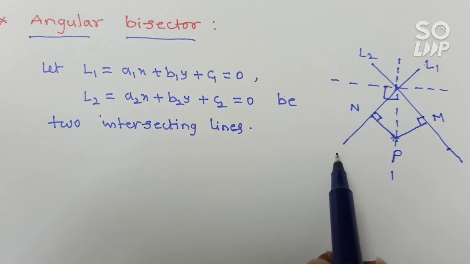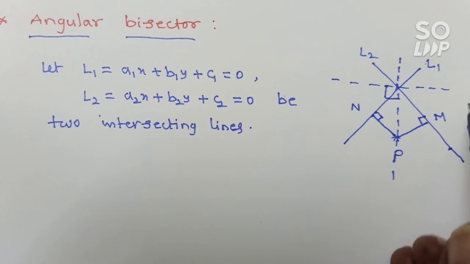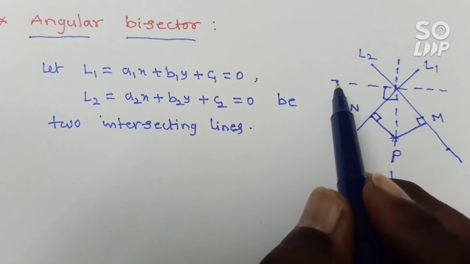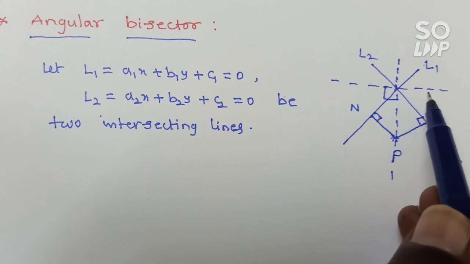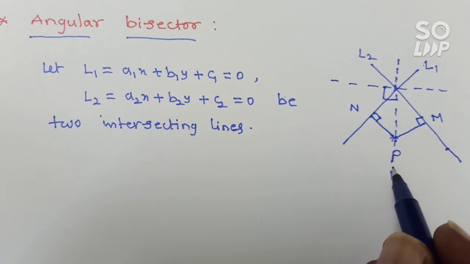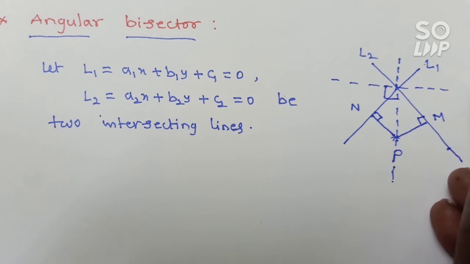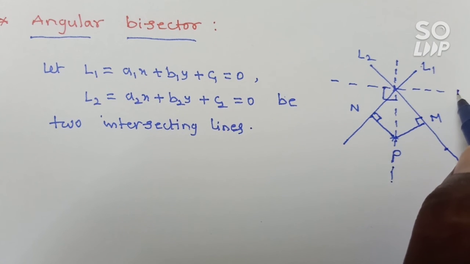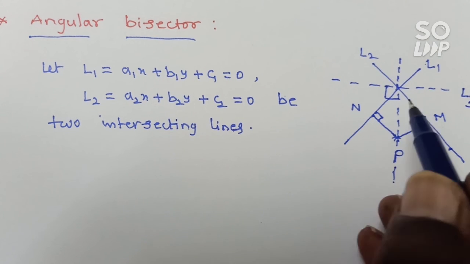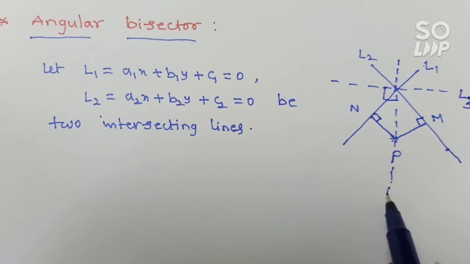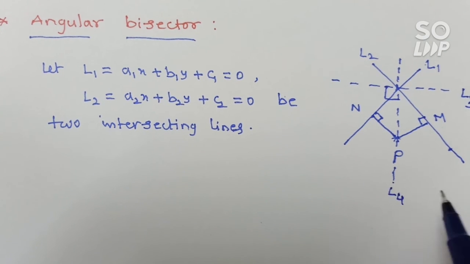One more thing you can observe here. This one is one angular bisector. Take these lines as L3 and L4.